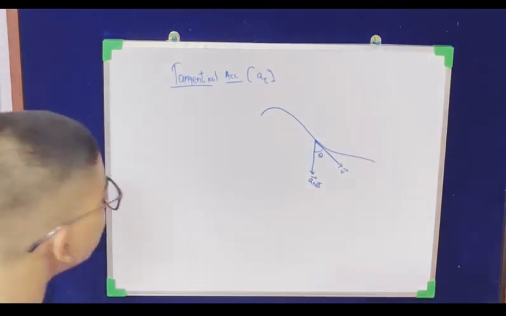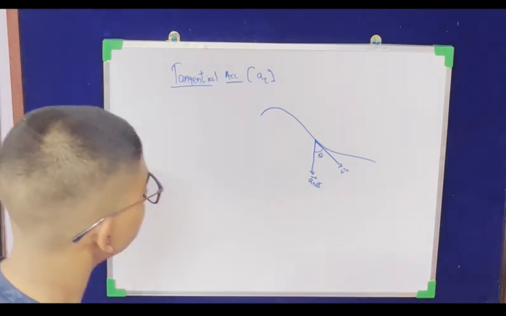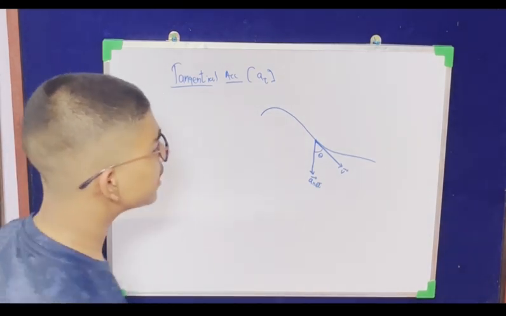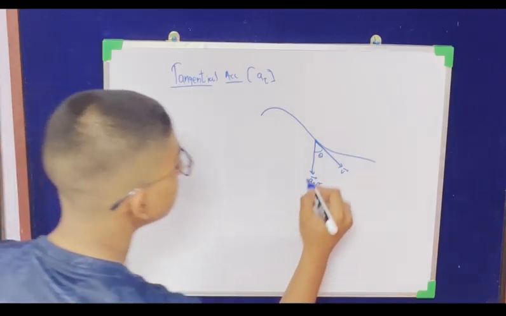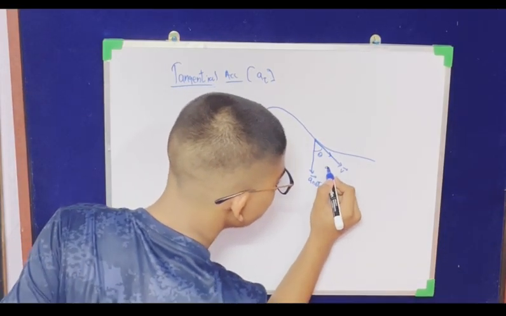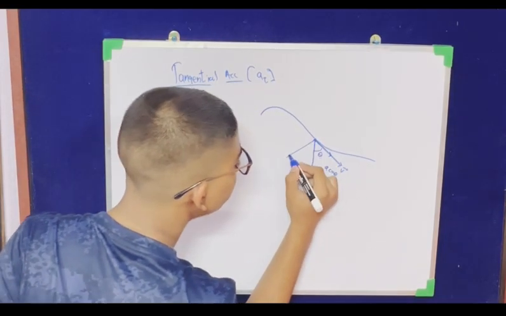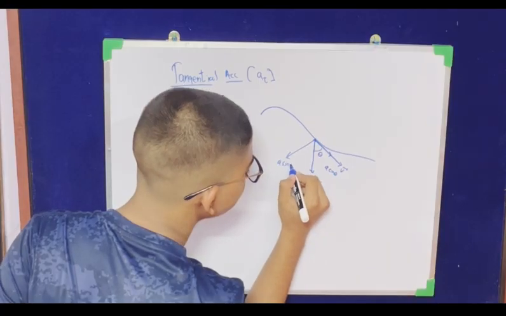So we know that this net acceleration makes two components: one component is a cos theta and the other component is a sin theta.